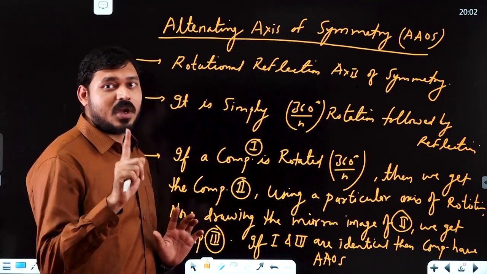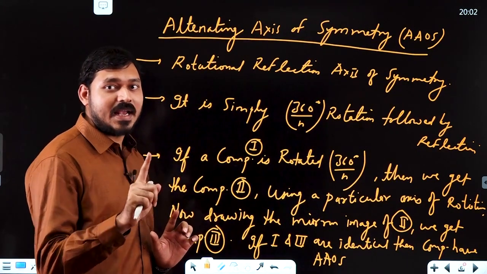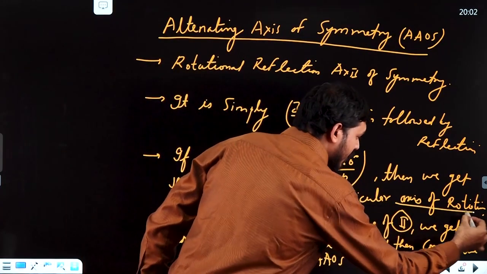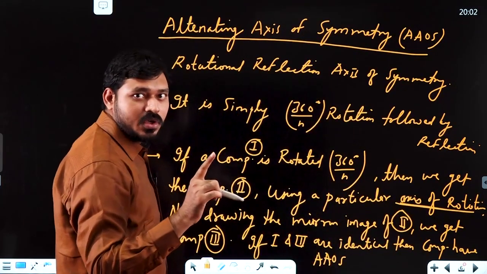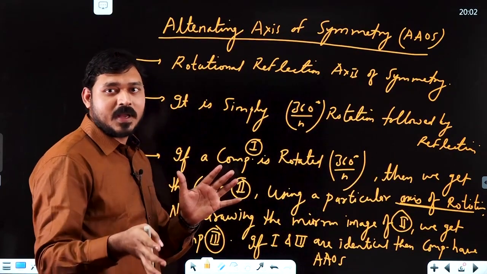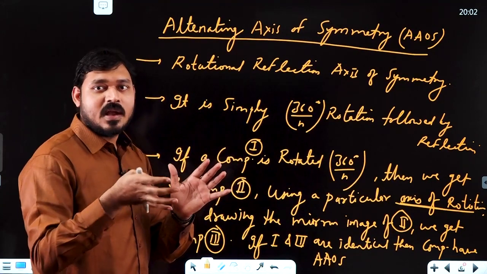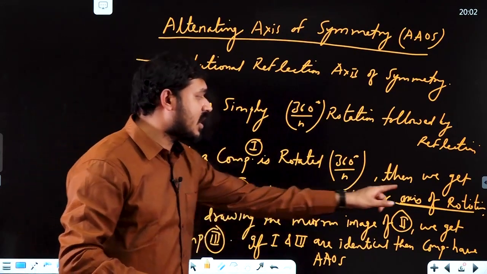Now, one important condition applies to the axis of rotation you have chosen. When we draw the mirror image of the second compound, the mirror must be placed perpendicular to the axis of rotation.